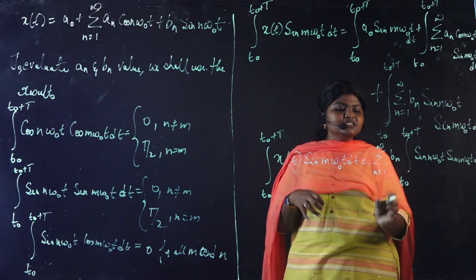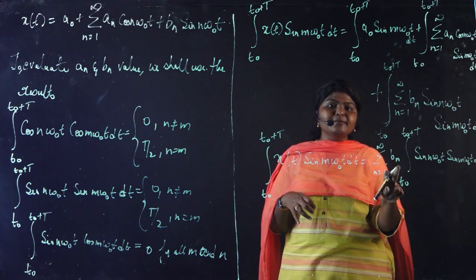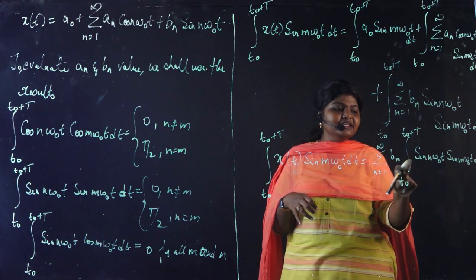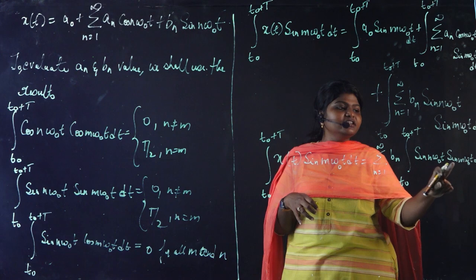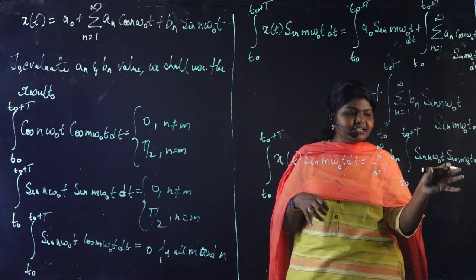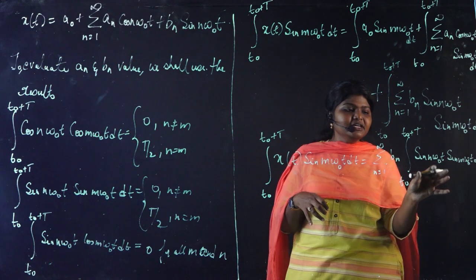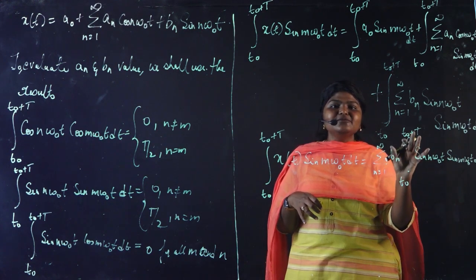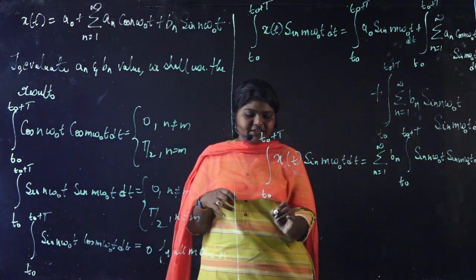At n equals m, it is b n sine m omega naught t into sine m omega naught t. Only in the case where n equals m, this whole term will be T by 2. We will substitute that.